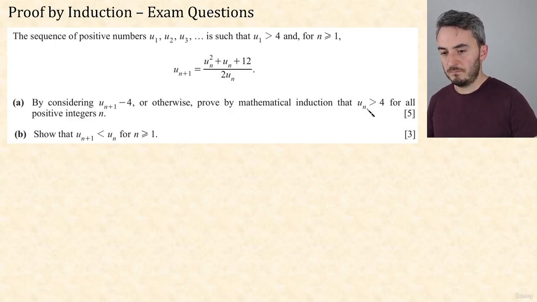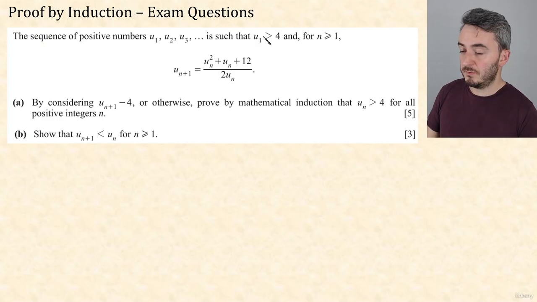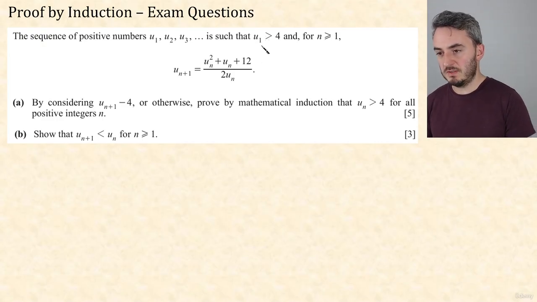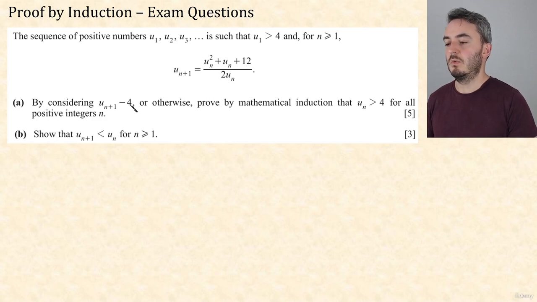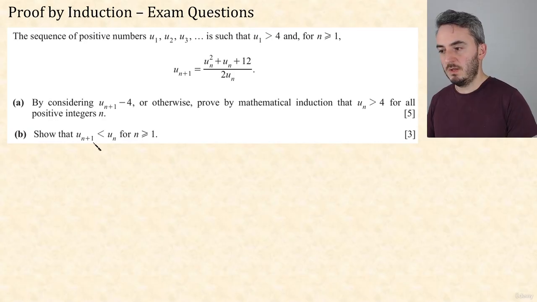Okay, well, so the clue here would probably be that I know that u1 is always greater than 4. If I can show that all subsequent terms minus 4 are always positive, well, that would show that all subsequent terms are greater than 4.